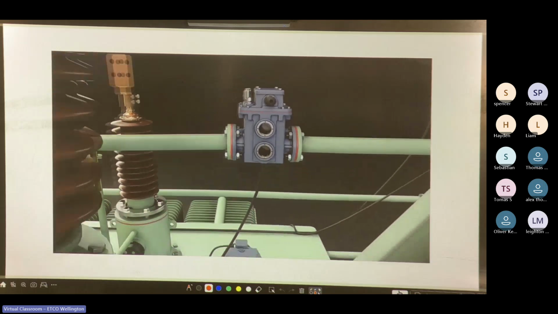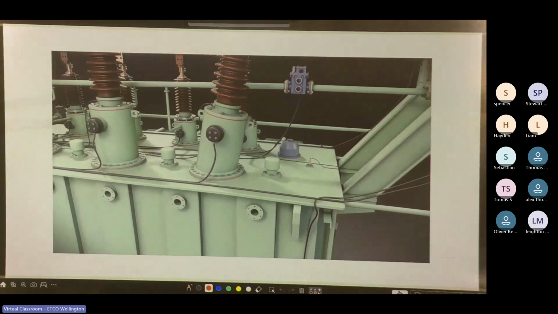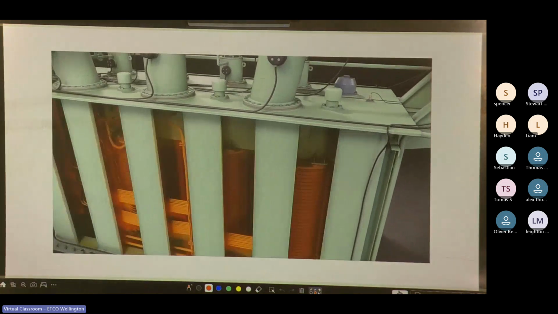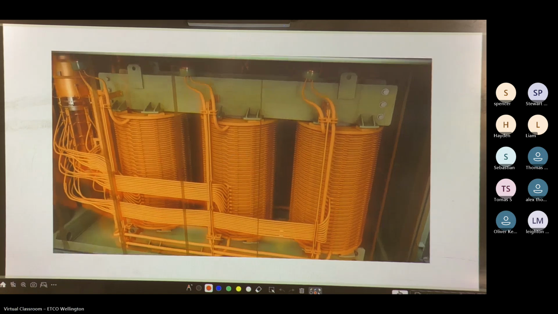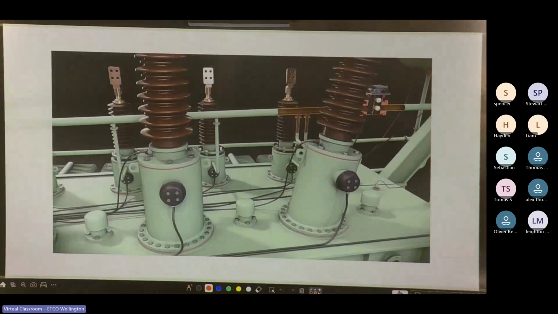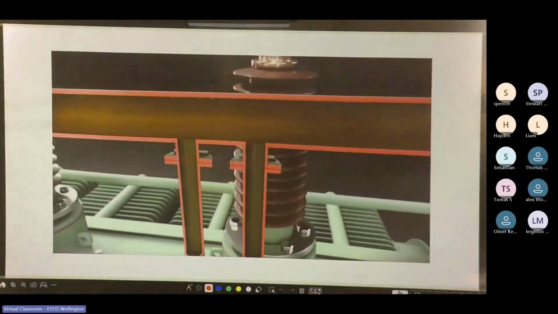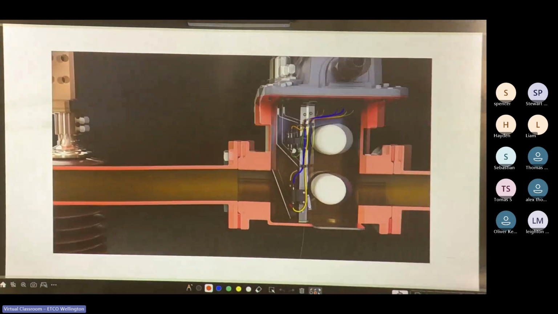During transformer operation, heat generated due to the resistance of the windings causes the decomposition of the surrounding oil and paper insulation, producing gases such as hydrogen, methane, and acetylene. These gas bubbles rise in the transformer tank and move toward the conservator through the connecting pipeline.